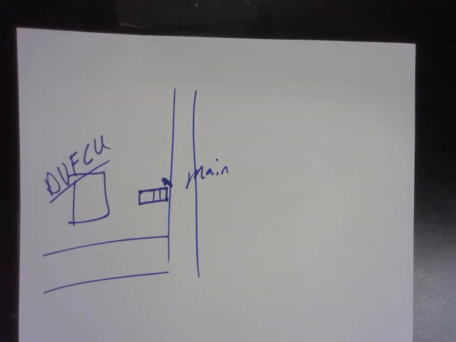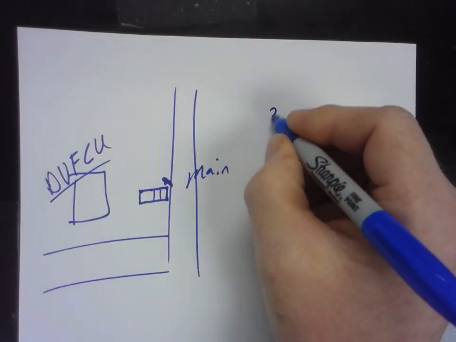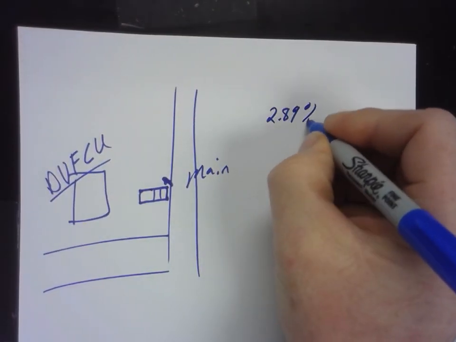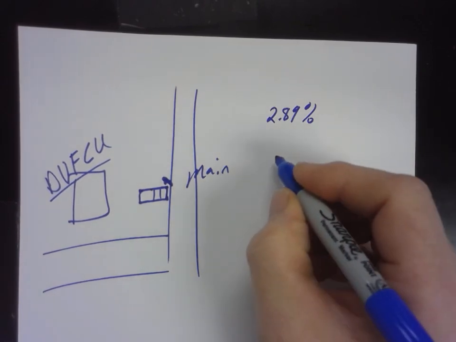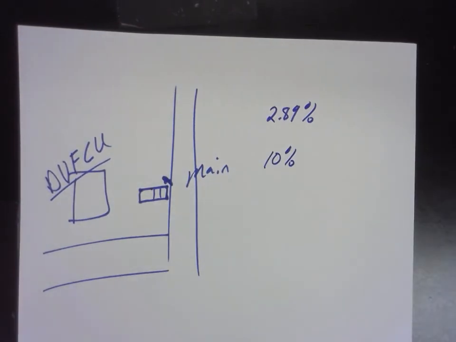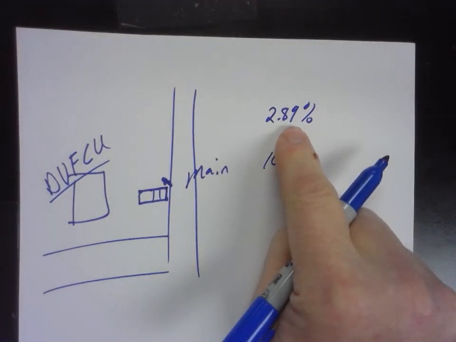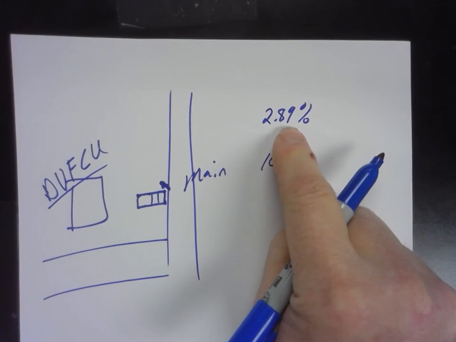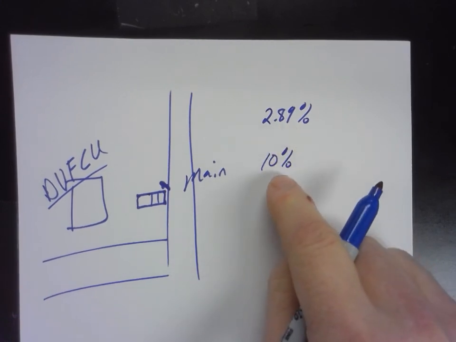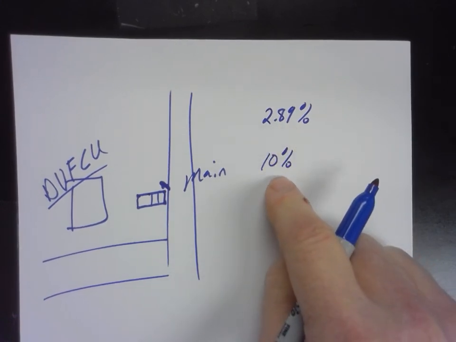They can get you a loan for that car, but I might pay 2.89% if I buy a vehicle, and someone who has bad credit, they might be paying 10% for that vehicle because they're a higher risk. So overall, I might pay $5,000 in interest over the life of a loan for a really expensive truck or something, and they might pay $20,000 in interest.